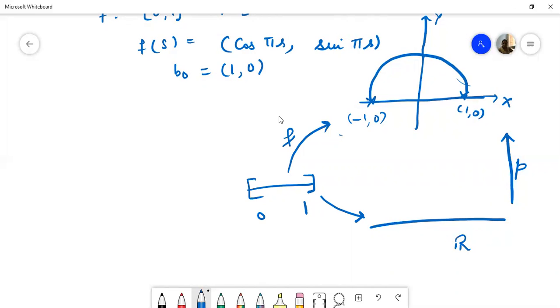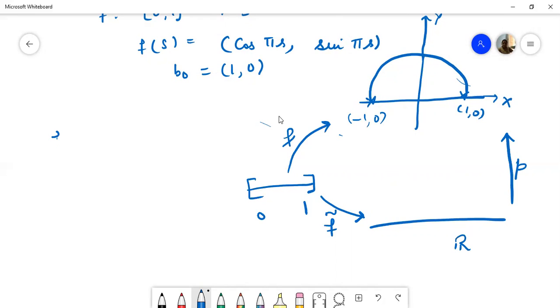So this required map will be called the lifting map. What should this map be? Let us say F curl. What should this map F curl be such that this triangle is commutative? Now we know P maps every x of R to cos 2 pi x, sin 2 pi x, and F maps every point s in this interval to the point cos pi s, sin pi s.